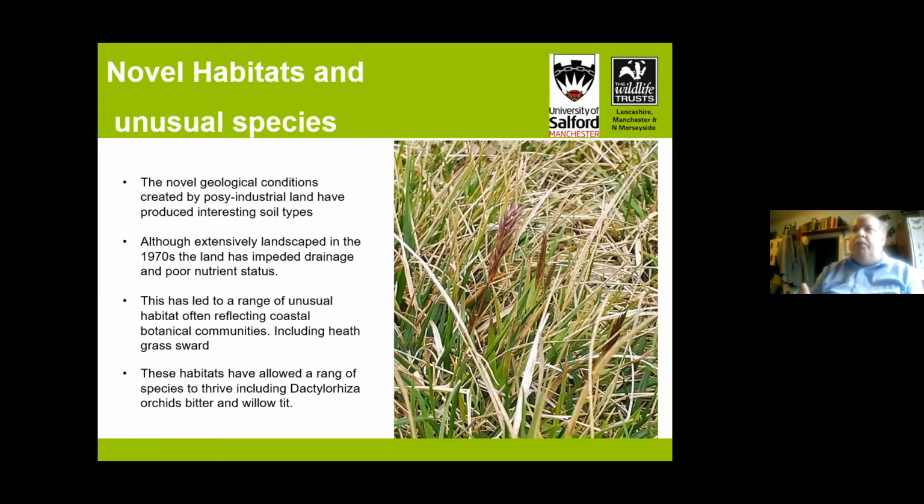They're really quite weird, and they get some interesting vegetation types. So we've got these large areas of heathgrass sward. This is really unusual. If it was growing anywhere else in the UK, it would be an SAC type habitat, but because it's growing on post-industrial spoil, it hasn't been appreciated yet for just how amazingly unusual it is.